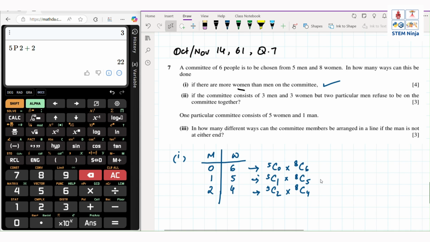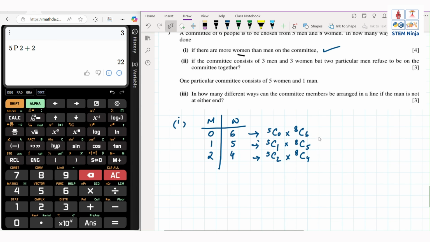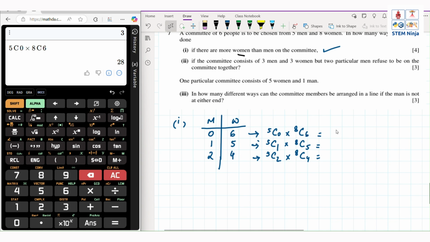Okay, now I'll show you 2 ways to actually solve this in the calculator, and you can do this in your Casio calculator also. So the easy thing to do is to calculate each of them individually. So 5C0 times by 8C6, 28. Then we go 5C1 times 8C5, 280.